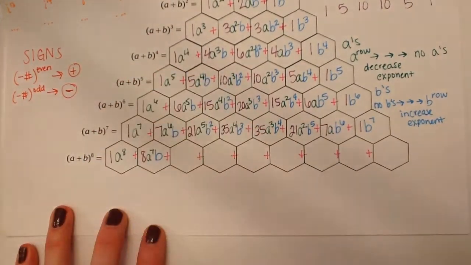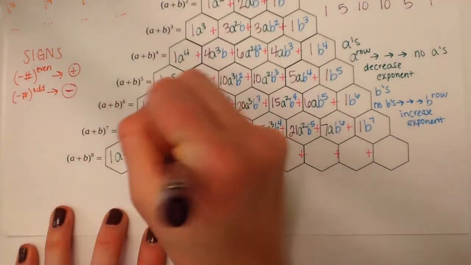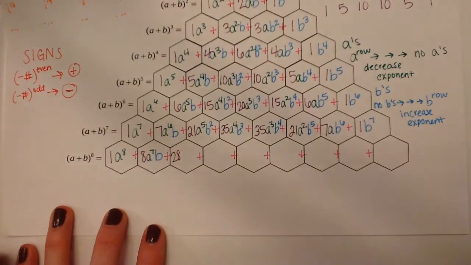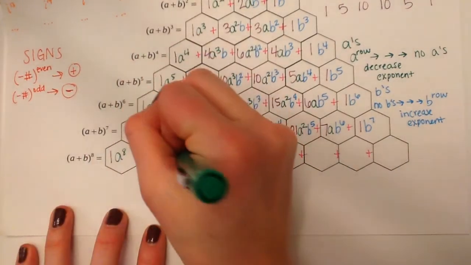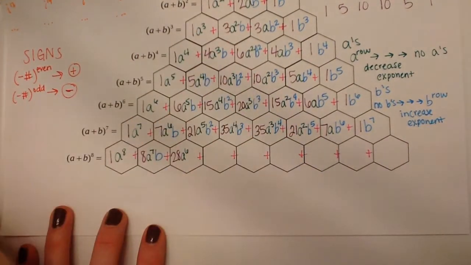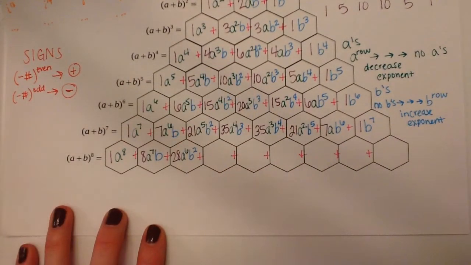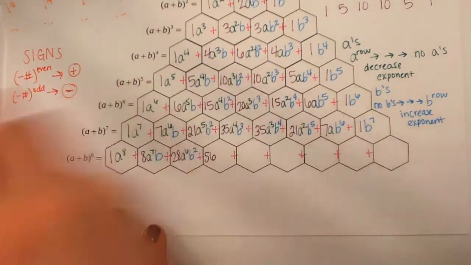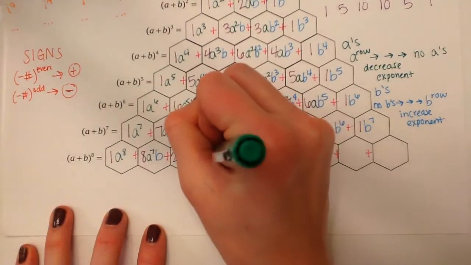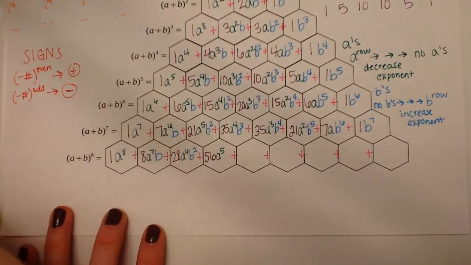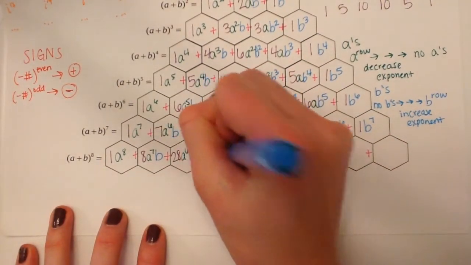And here comes our first b, plus 28. So we're going down one with the a to a to the 6th, and we're going up one with the b to b squared. Then we have plus 56, and we're going down one, so a to the 5th. And the b's we're going up one to b cubed.